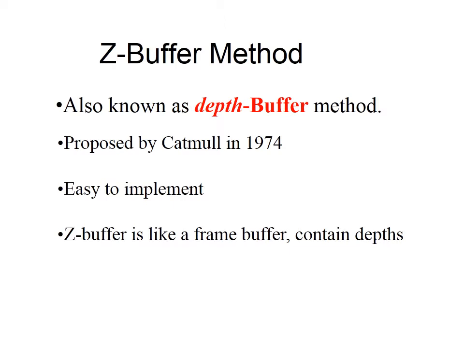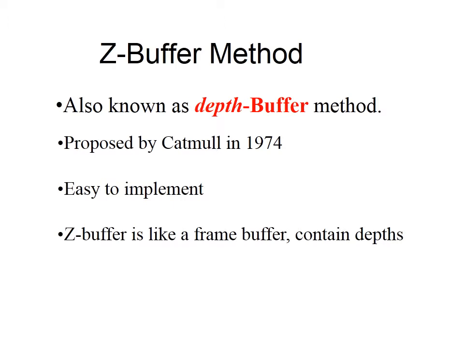For these methods, the running time complexity is the number of pixels times the number of objects, and the space complexity is 2 times the number of pixels, because two arrays of pixels are required, one for the frame buffer and the other for the depth buffer.